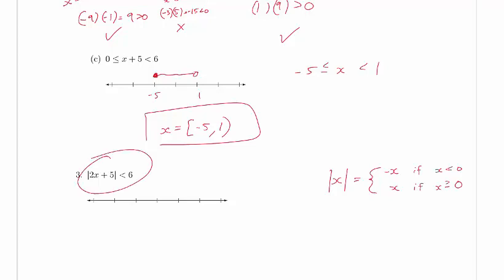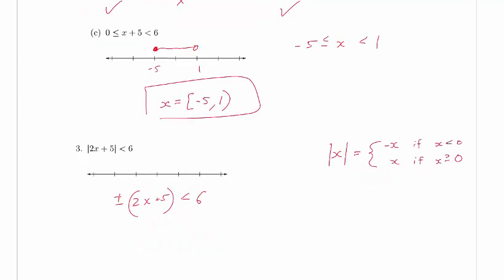And so when we have this situation here, this simply means that 2x plus 5, positive or negative, is less than 6. And that's one way to think of it. Another way to look at it is that 2x plus 5 must be in between 6, because that's exactly what this works out to.